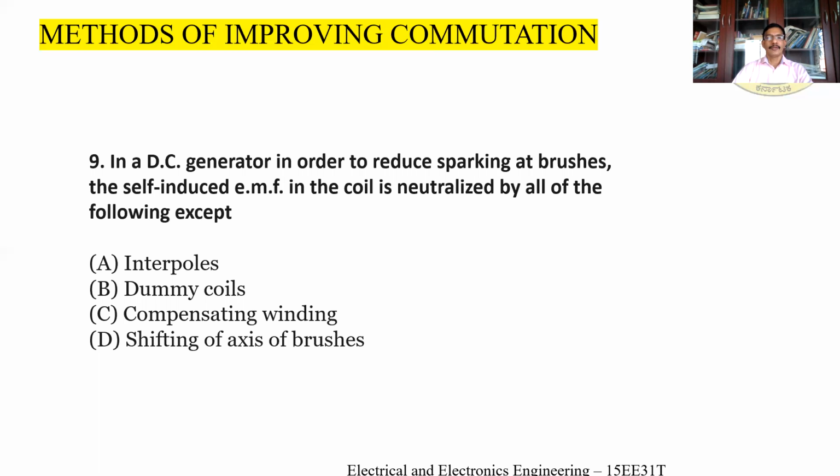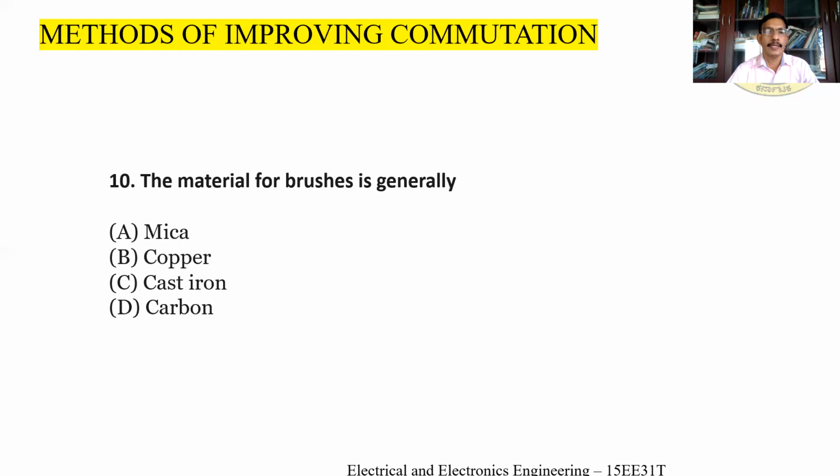Here also read the question two times, then select the correct answer. Next multiple choice question. The material for brushes is generally: option A, mica, B, copper, C, cast iron, D, carbon. Select the most suitable choice.